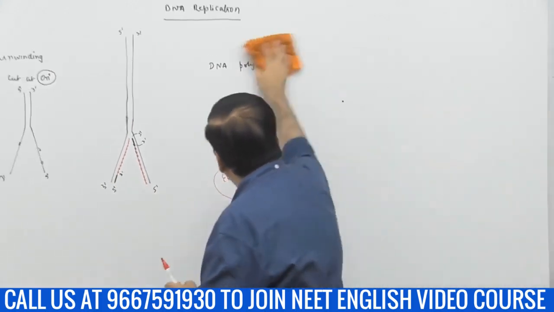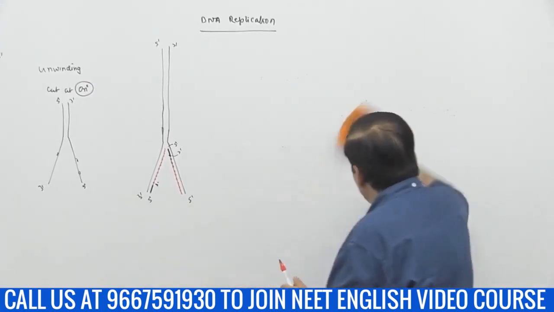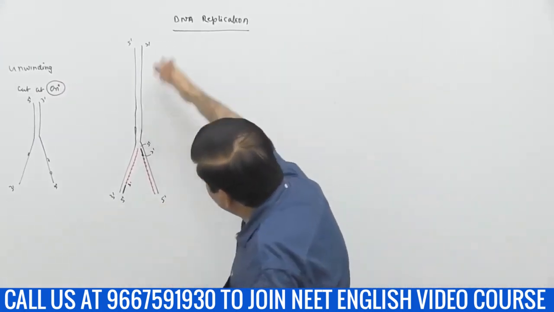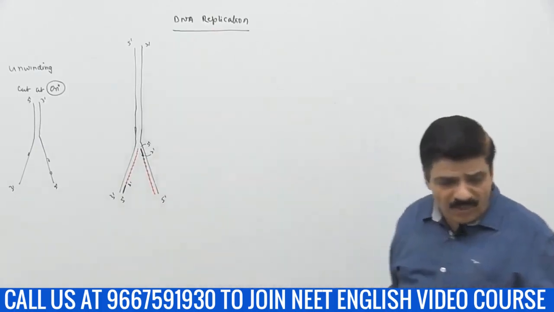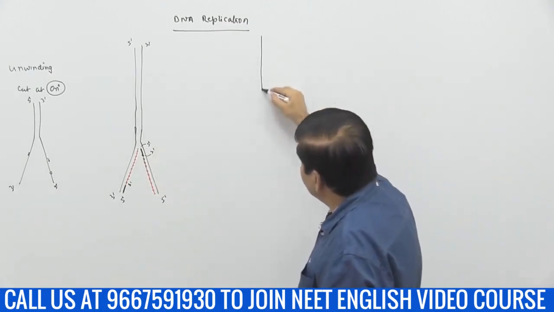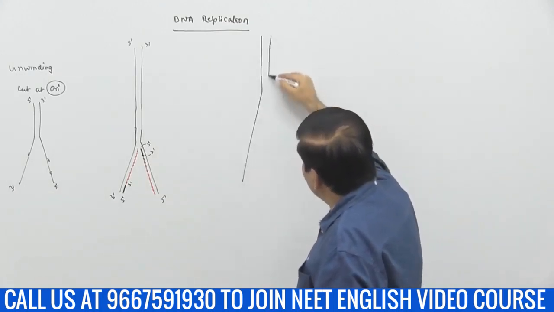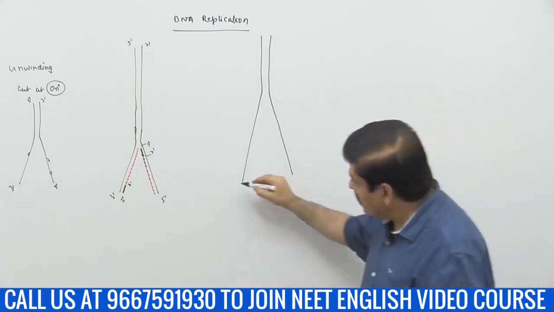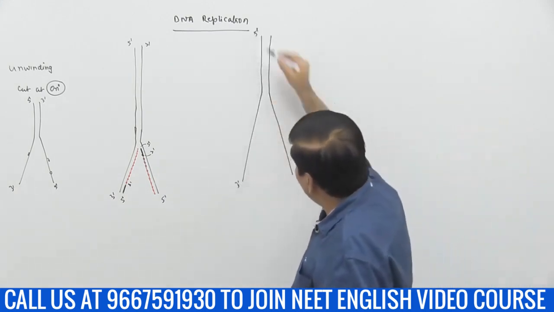So what happens further is that the helix opens up more. So the enzymes, the helix has been opened up more, and let us say something like this has happened. It has opened in a larger length, and this was the original strand 3' to 5'.